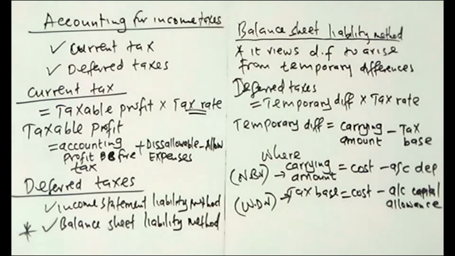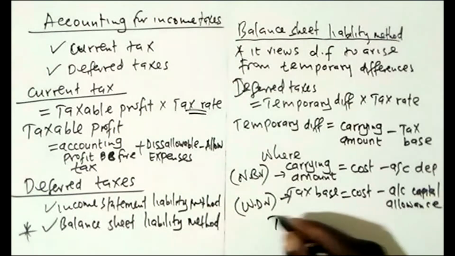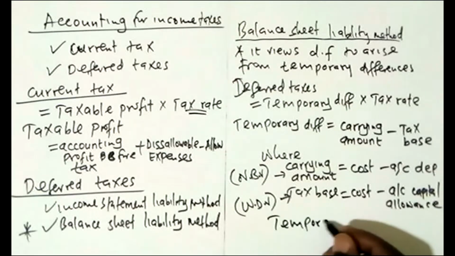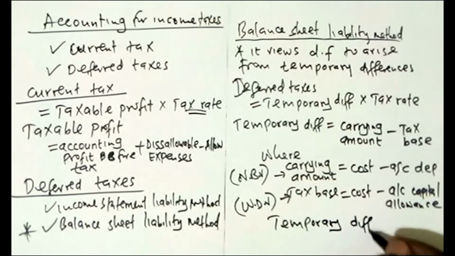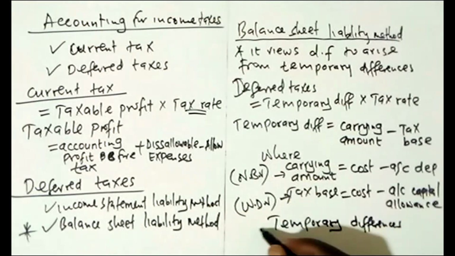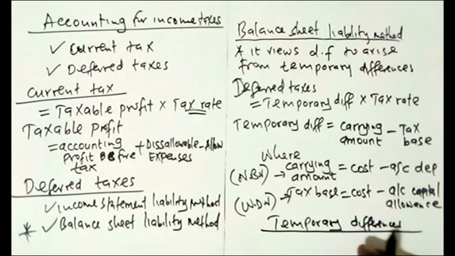So we have types of temporary differences. The types of temporary differences are two.